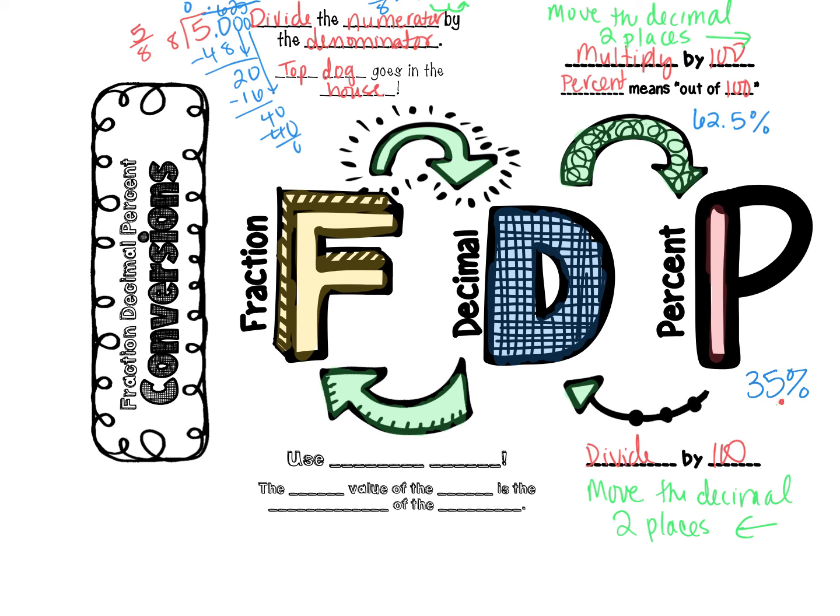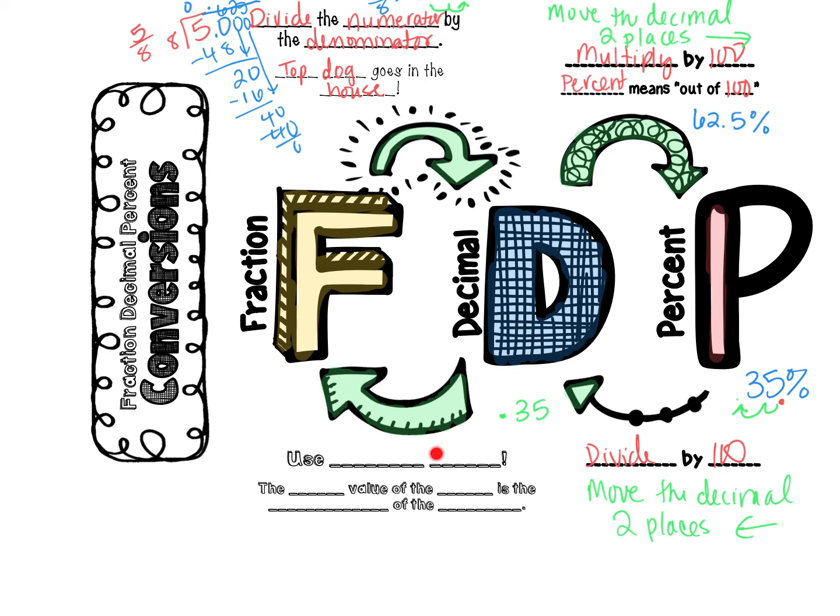So I would take that and move it 2 places to the left. So that would make that 35 hundredths. So now I've gone from a percent to a decimal. All I did was take that decimal point and move it 2 places to the left, just like going from FDP. I'm going from P to D, percent to decimal. I'm going to the left.